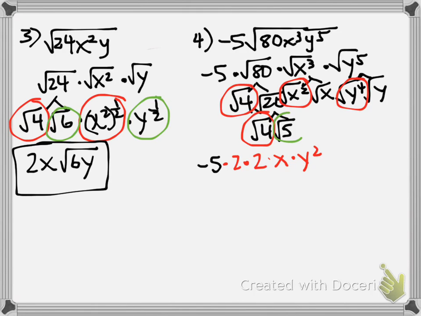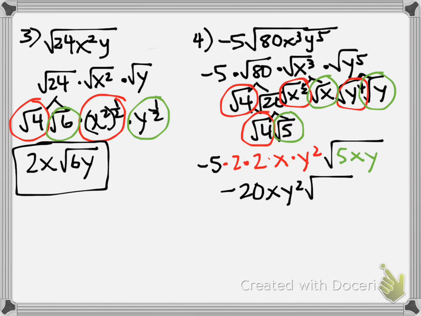That left behind a 5, an x, and a y. So that's what's going to go underneath my radical: the 5, the x, and the y. And then my job is to simplify out in front. So negative 5 times 2 is negative 10, times 2 is negative 20 x y squared times radical 5xy.